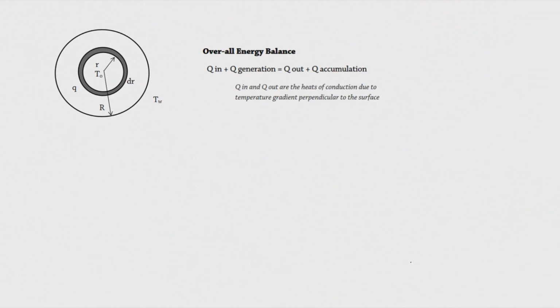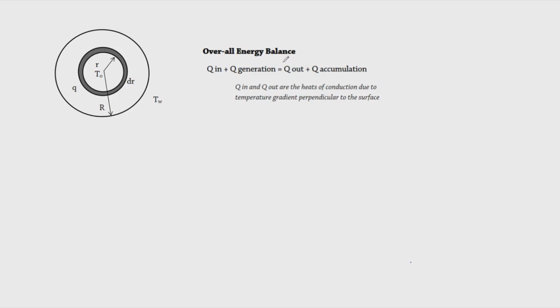Now, let's try to understand conduction with heat generation through cylinders. Of course, we have to apply the same concept as for the slab, which is we need to consider the overall energy balance for the derivation of our formula. It's the same thing. We need to find the heat that flows in, plus the heat that is being generated, equal to the heat that comes out, added with the accumulation.